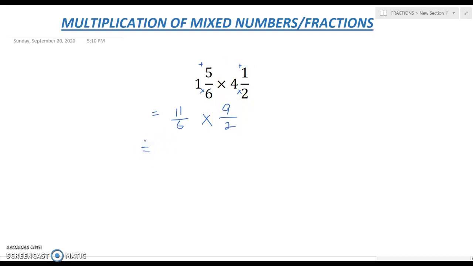And in this one, I'm going to use the second method, right? So here we recognize that 9 and 6, 3 can go into both numbers. So 3 can go into 6 2 times, 3 can go into 9 3 times. So I'll get 11 times 3, 2 times 2, 33 over 4. Then 4 can go into 33 8 times, remainder 1. So we get 8 and 1 over 4.